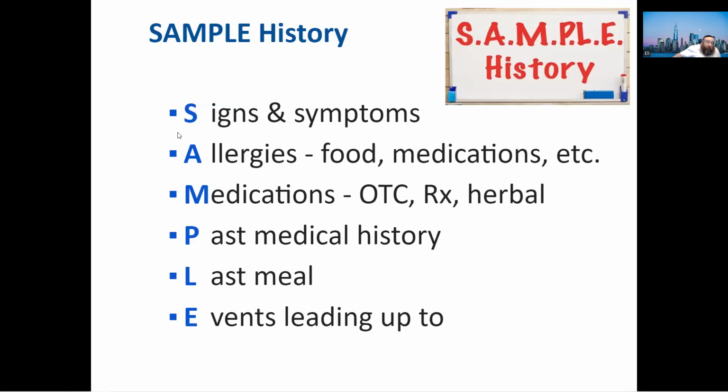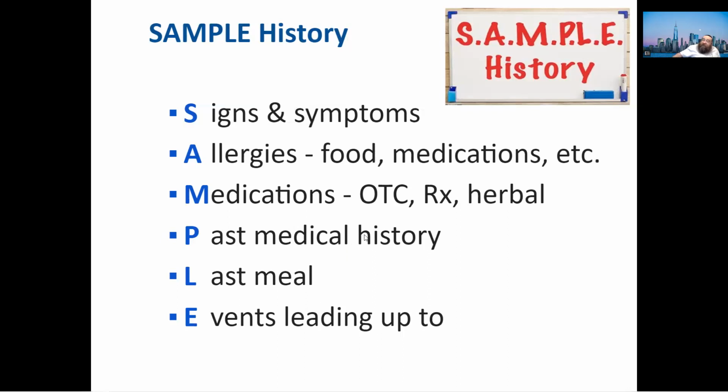So again, just to run through it quickly, we've done this before, S is signs and symptoms. Again, when we do the medical patient, we're going to actually ask these and get answers. A is allergies to whatever, M is what meds do they take, and here's where we find out about the anticoagulants. P, past medical history. This will be linked to this because hopefully the medications will match the past medical history.